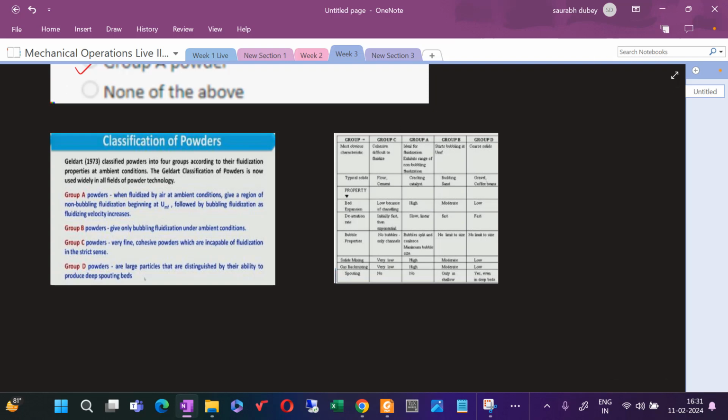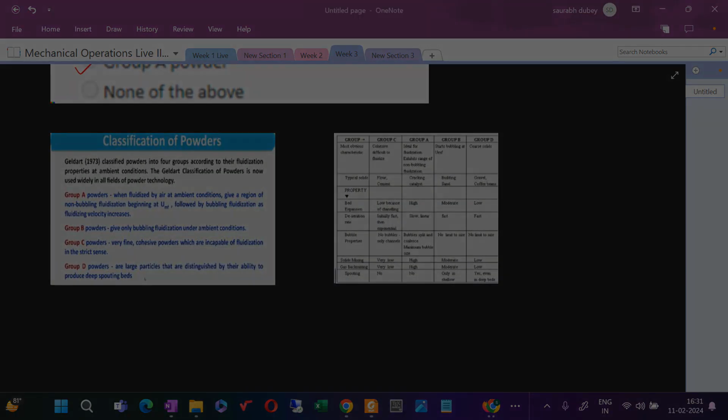Now we are going to solve the next question, which is question number 14.